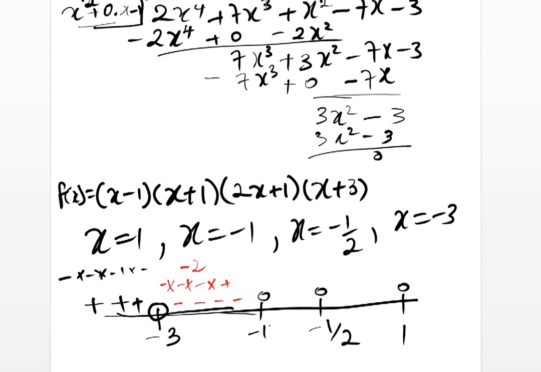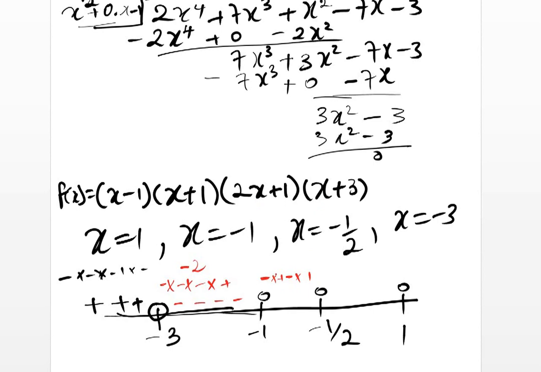Which number is between -1 and -1/2? We choose -3/4. Put it here, it will be negative; here, positive; here, negative; here, positive.